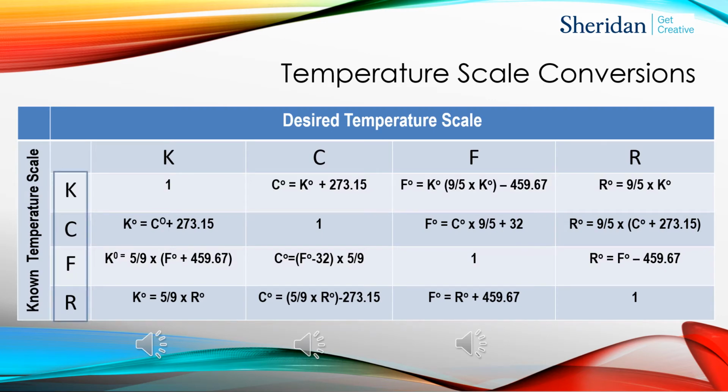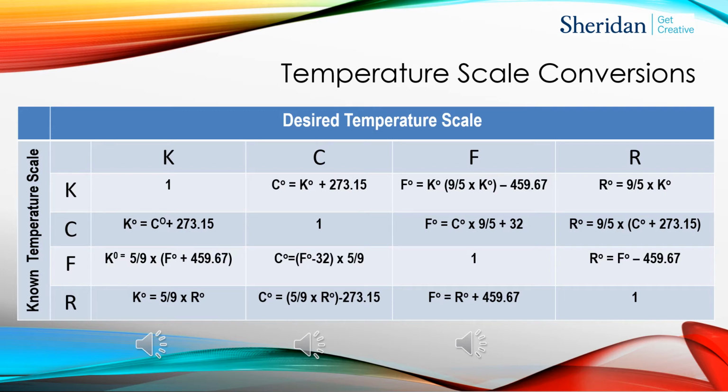Here's the chart for temperature conversion. Here's how it works. On the left side, you'll see K, C, F, R. They are the temperature scales that you are measuring the temperature in. That's the number you already have. Let's say you have a temperature in Celsius and you want to convert it to Rankine.